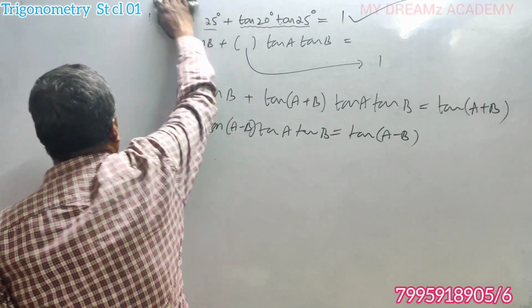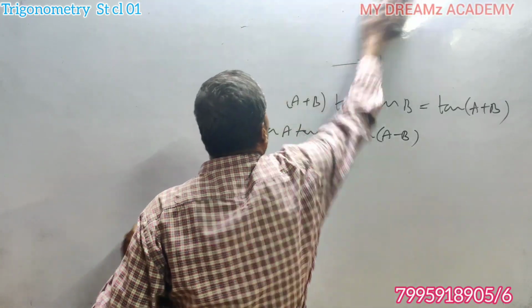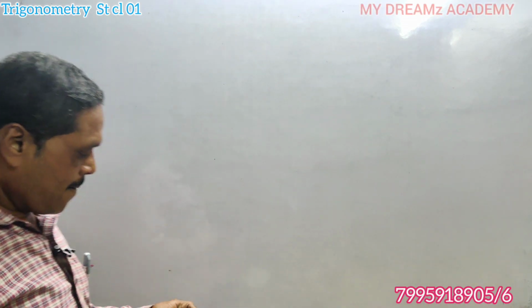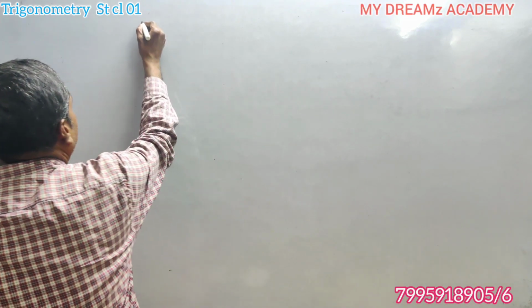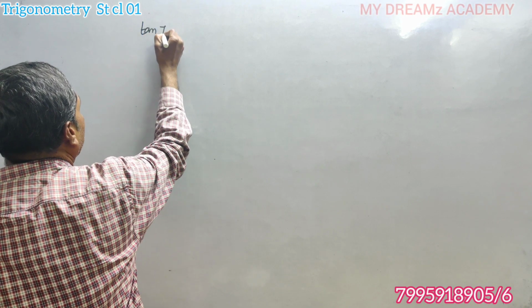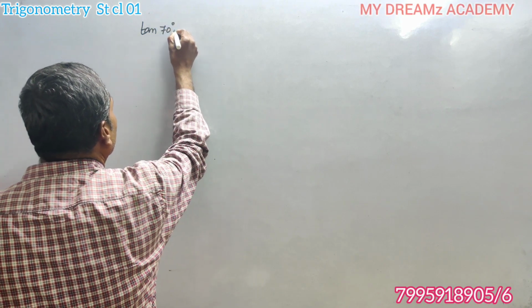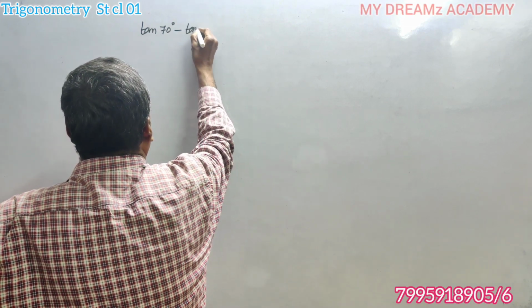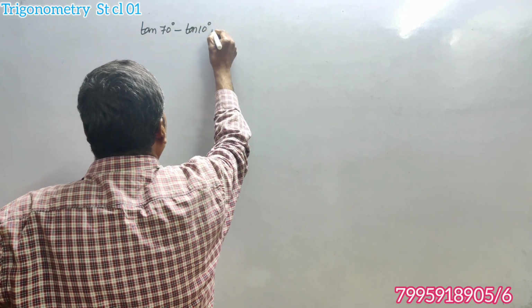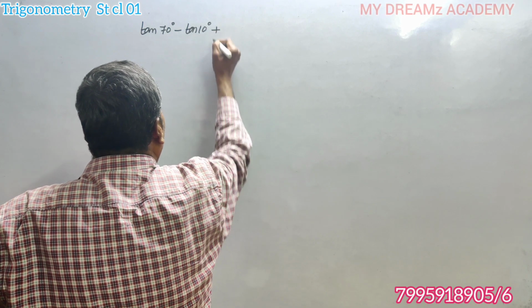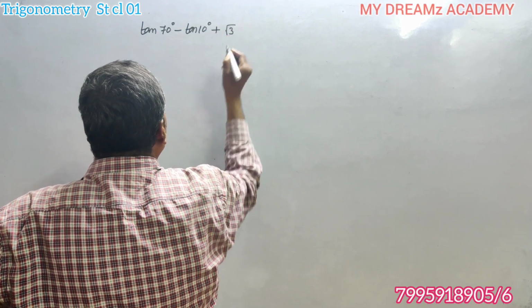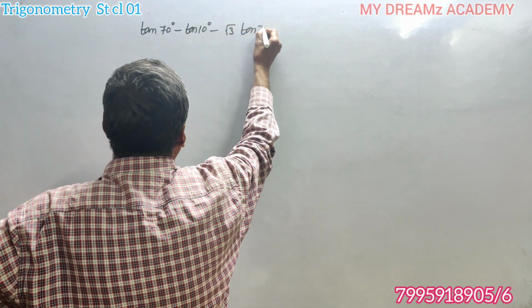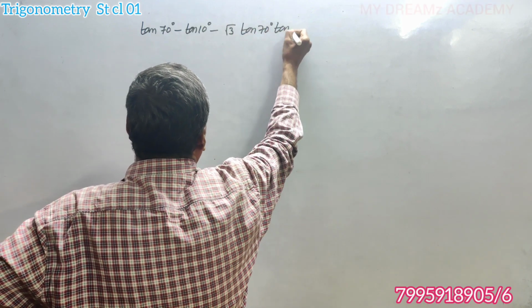You take one more problem in this model. Tan 70 minus tan 10 plus root 3 into tan 70 tan 10.